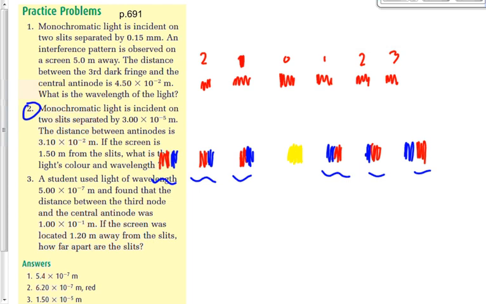A prism goes in what order? Red, orange, yellow, green, blue, indigo, and violet. The pattern produced by a diffraction grating goes violet, indigo, blue, goes backwards, right? Does that make sense? So it looks more or less the same, except it goes backwards.